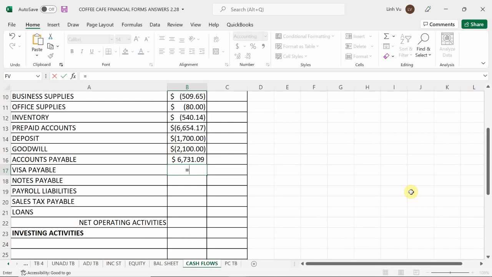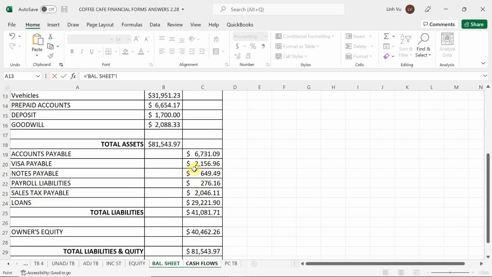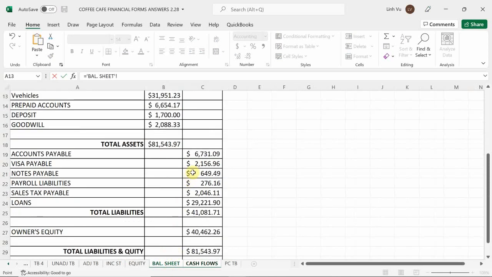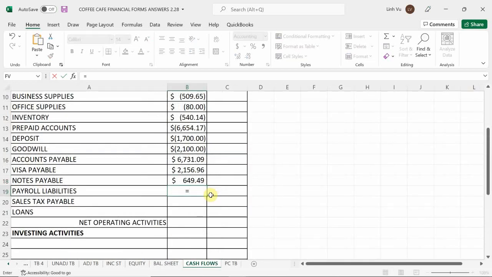So if I haven't spent the money, that means I still have this money left in my bank account. And that means all of your current liabilities, you haven't paid them yet. So you're going to add all these values back into your net income, okay? So again, I didn't pay my credit card, I didn't pay for my notes payable, I didn't even pay for my payroll liabilities. I still owe the government money.